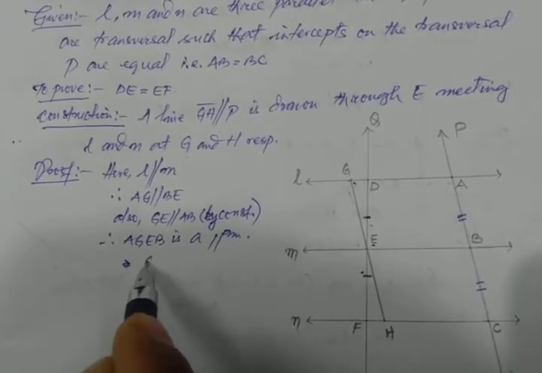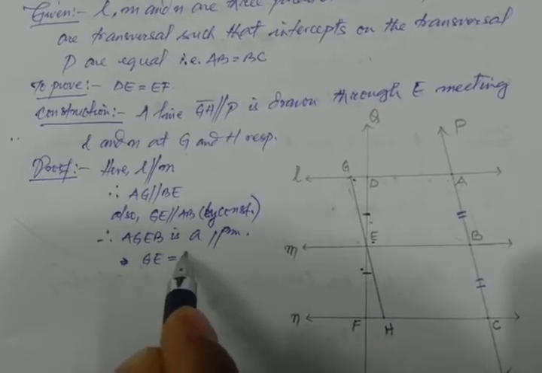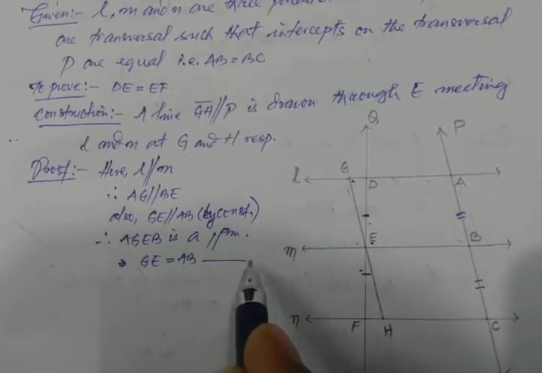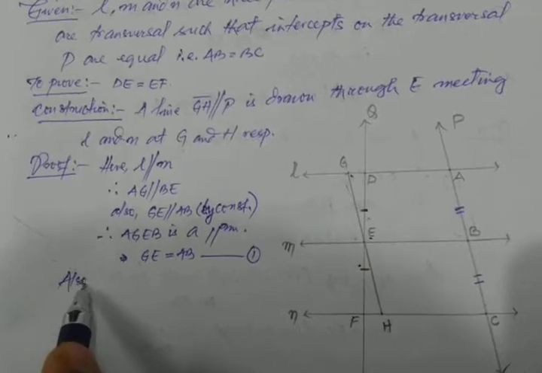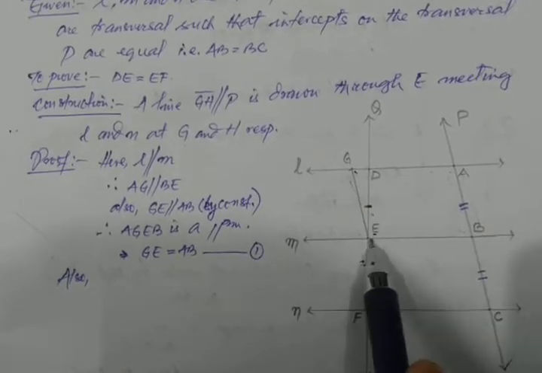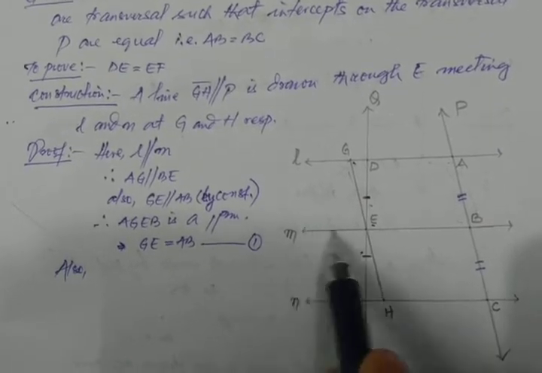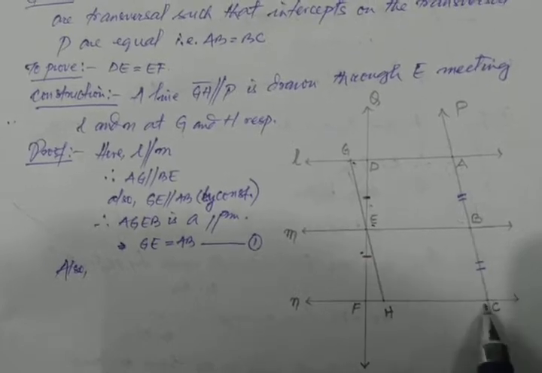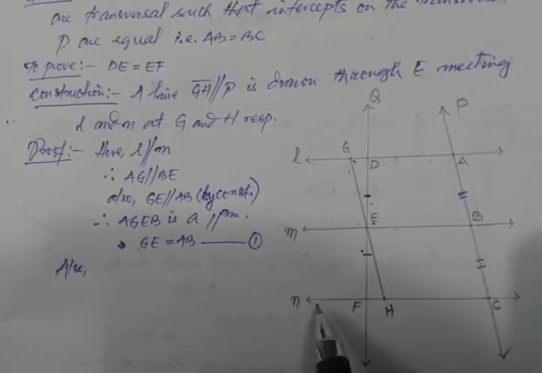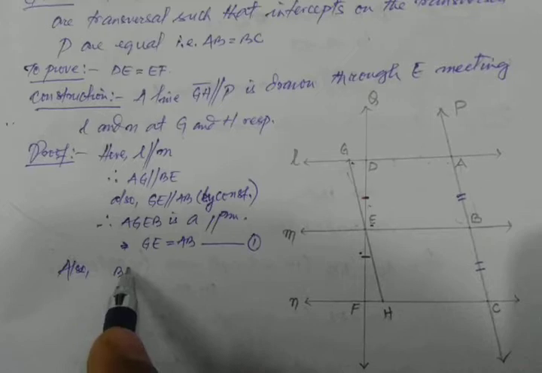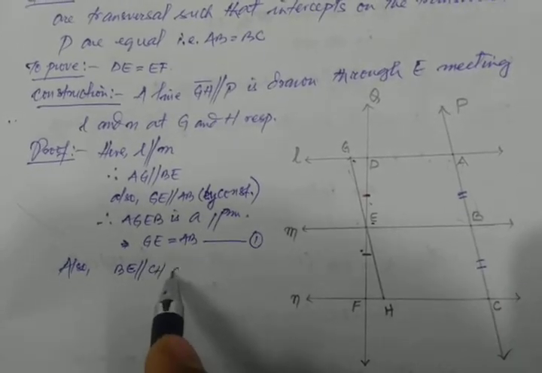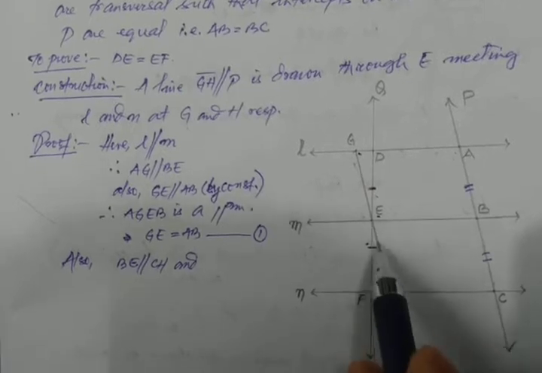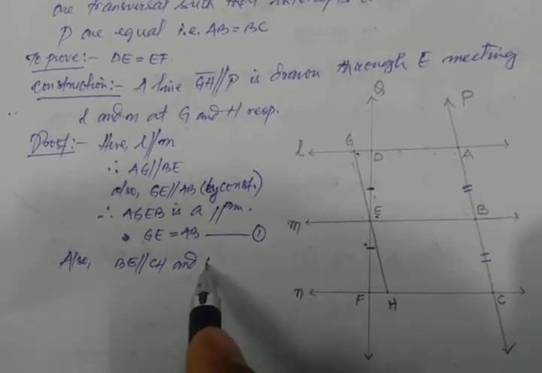Let us write that GE equal to AB. I'll call that equation 1. Also BE will be parallel to CH because M parallel to N. BE is parallel to CH and EH parallel to BC.